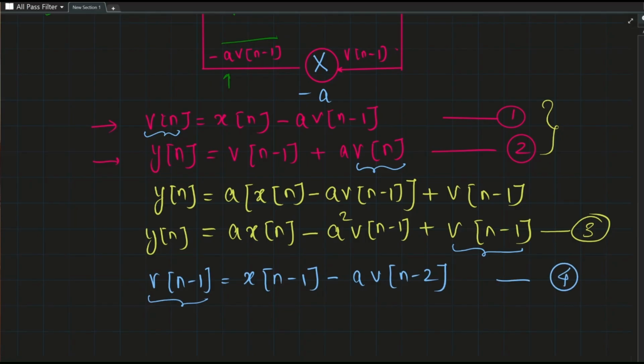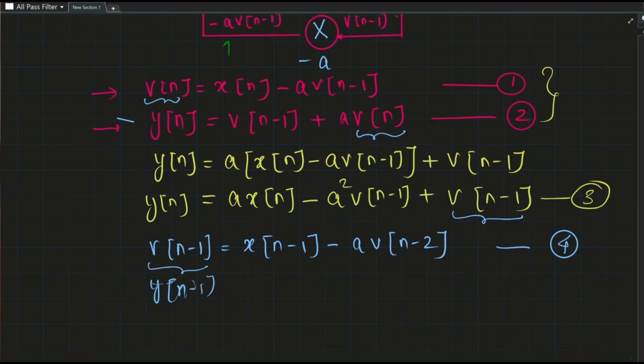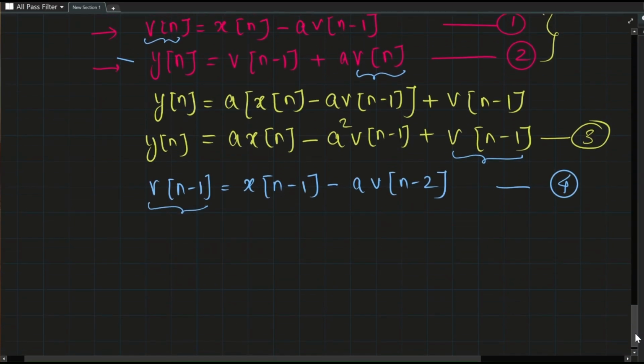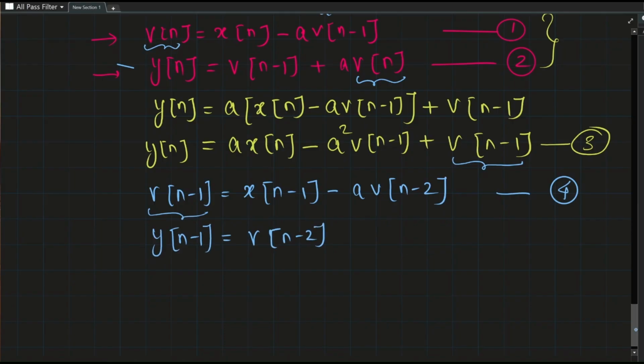And also I can take one step back as far as the output is concerned, this equation is concerned, and rewrite it like this. yn minus 1 equals Vn minus 2 plus a Vn minus 1.